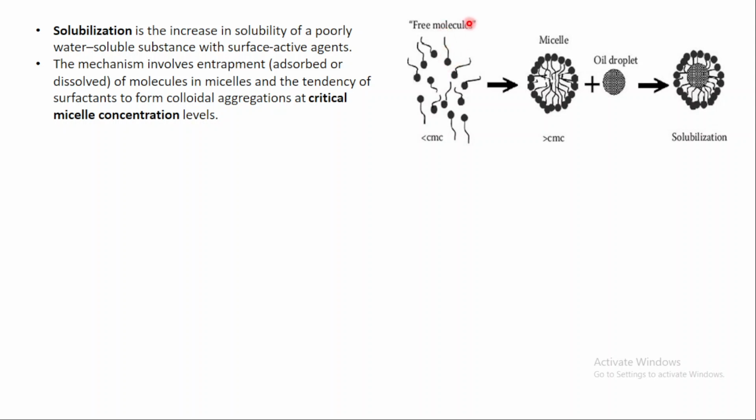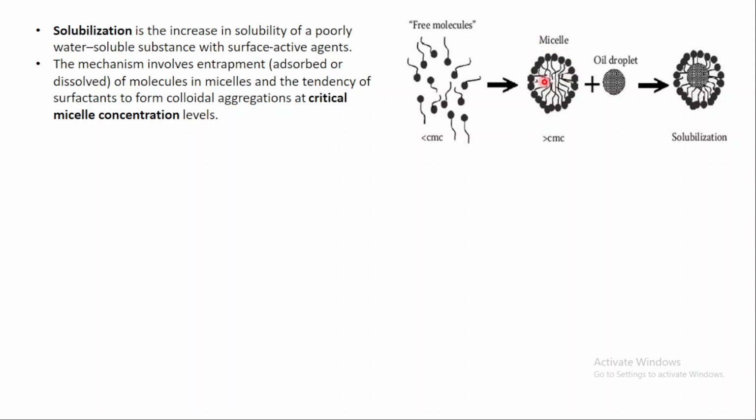There are a few molecules which have lesser dissolution in water. Now when they are formed into an organized micelle structure with all their hydrophobic tails pointing inside the structure and hydrophilic heads facing the water, plus oil droplets, we can capture these oil droplets, which are hydrophobic and do not have high solubilization.